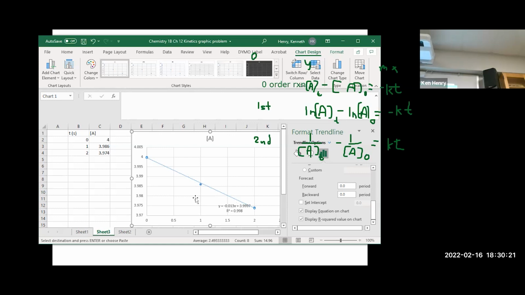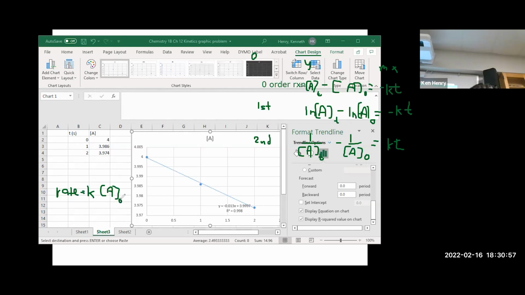So that means our equation for our rate is going to be rate equals k times our initial concentration, k naught. And that's all the rate is going to be.